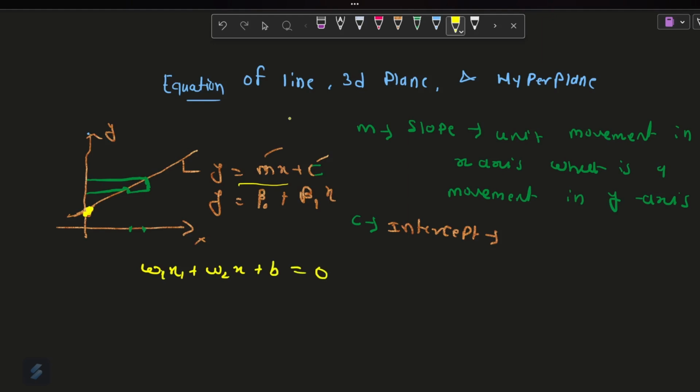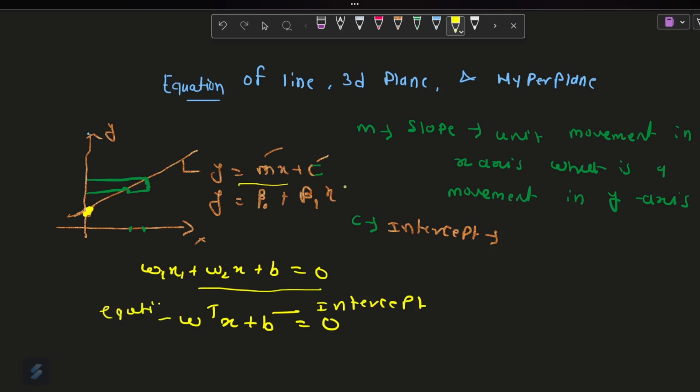This is another way of writing the equation of a line. A similar term we write is w transpose x plus b is equal to 0. Here b is the intercept.